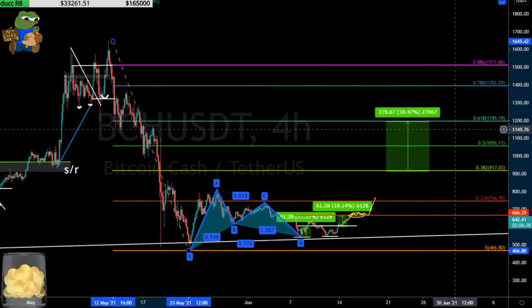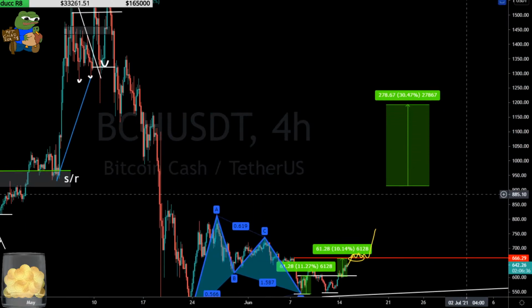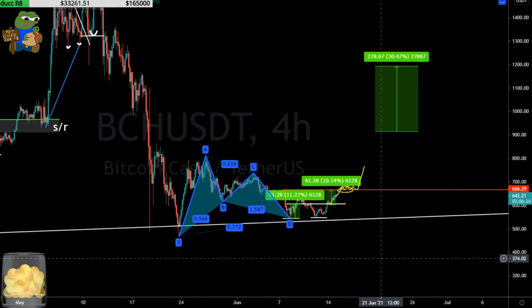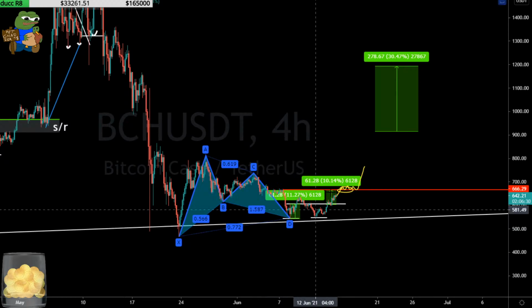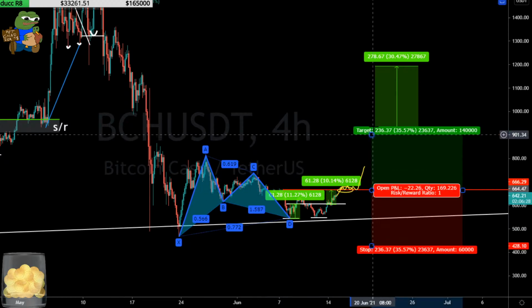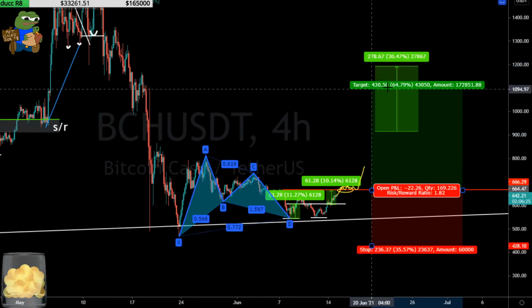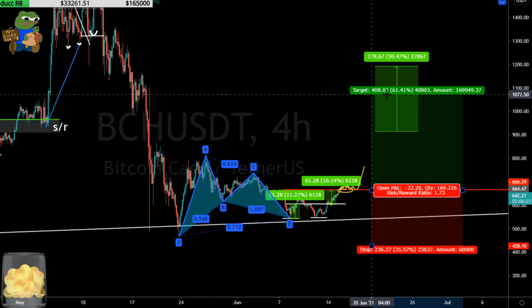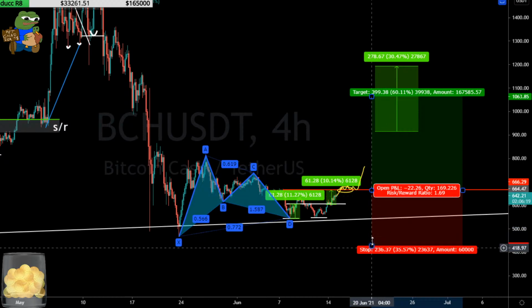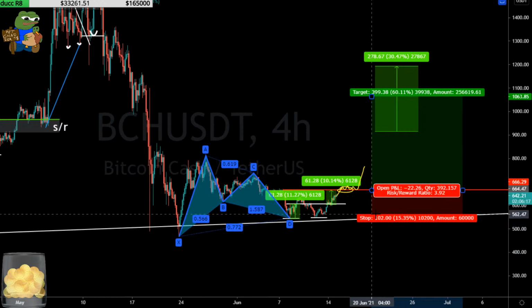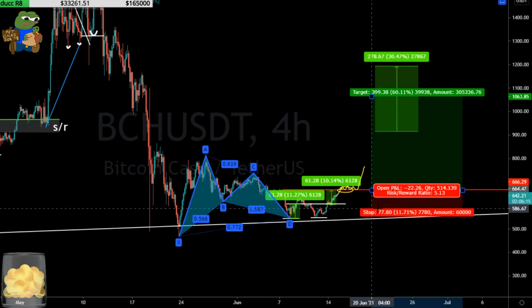Okay, so if Bitcoin decides to send, all right, so put it this way. If you get above 666 and flip that into support, I would target right here, 1075 area. 3 to 1 on that, you could probably even use this previous neckline.